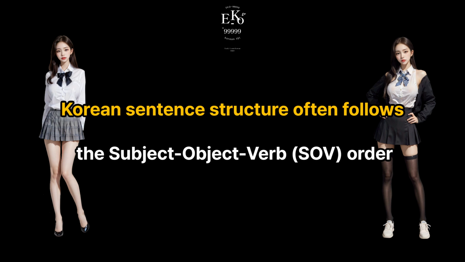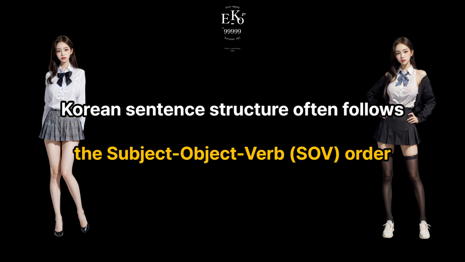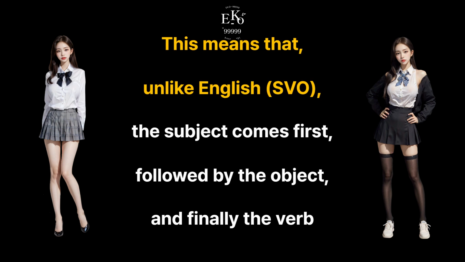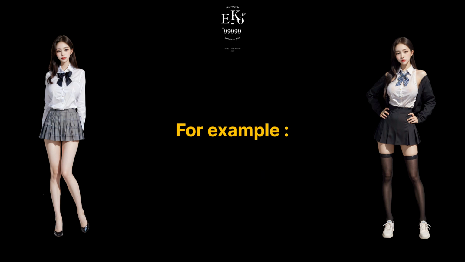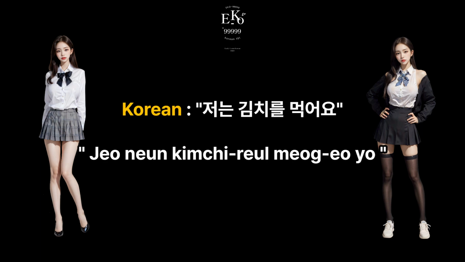Korean sentence structure often follows the subject-object-verb SOV order. This means that, unlike English SVO, the subject comes first, followed by the object, and finally the verb. For example, English: I eat kimchi. Korean: 저는 김치를 먹어요.